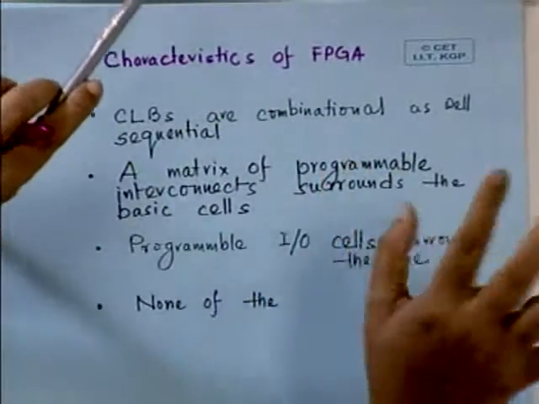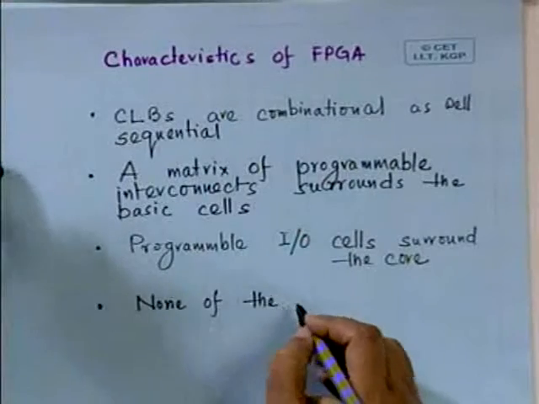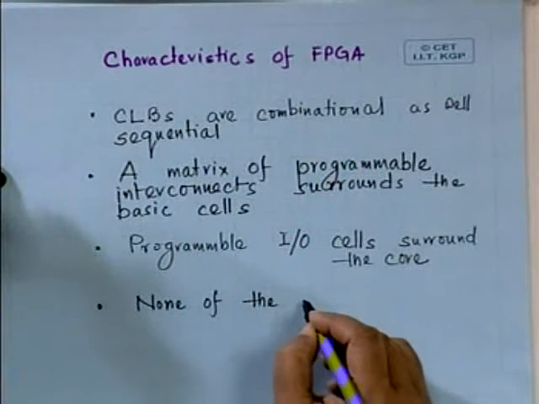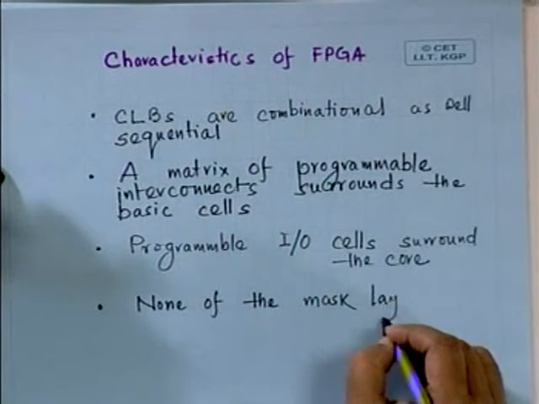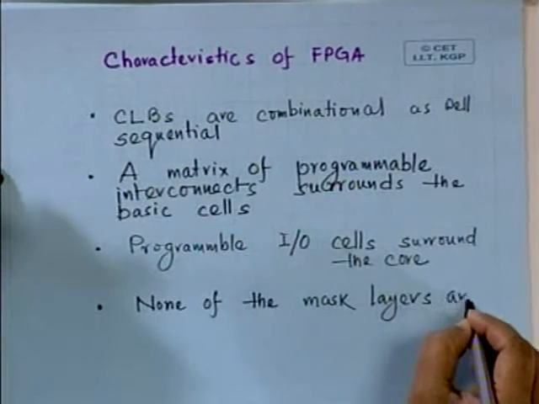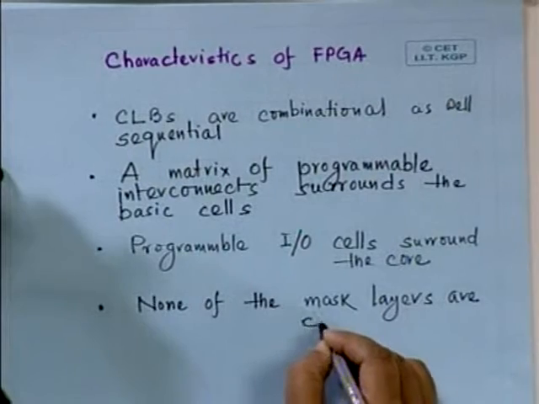Here all the things are predefined, the logic blocks as well as the interconnections, and only the designers are programming or controlling the IOs as well as the logics, that means interconnects and logics. So this point is very important, that none of the mask layers are customized.